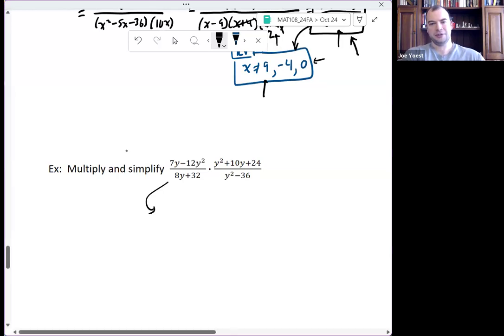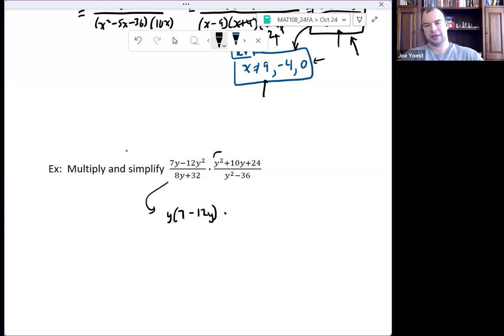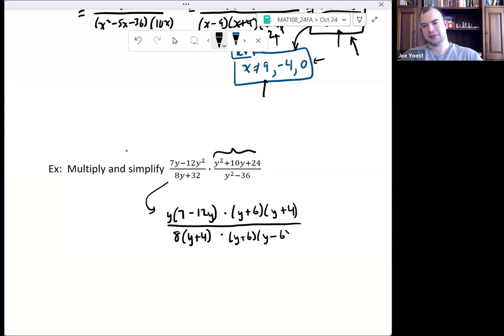Okay, so I have 7y minus 12y squared, or that's y times 7 minus 12y, multiplied by y squared plus 10y plus 24. That should be y plus 6 times y plus 4. 6 and 4 multiply to make 24 and add to make 10. 8y plus 32, I think that should be 8 times y plus 4, multiplied by y squared minus 36, difference of two squares, y plus 6, y minus 6.